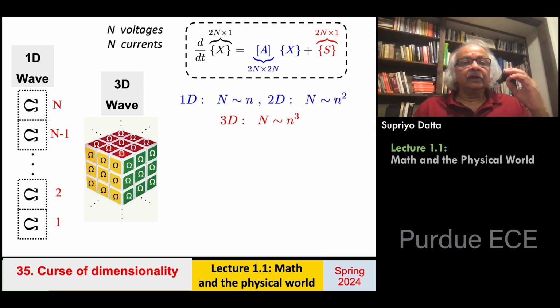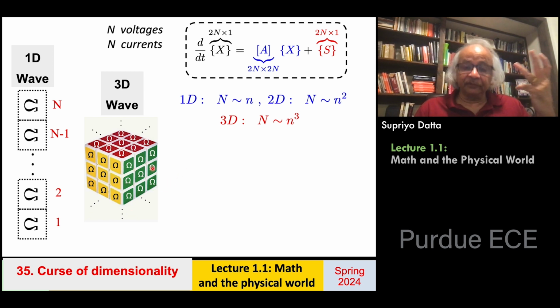Now, if you want to describe it numerically, same story as before. It's just that now, if there are small n sections in one direction, then overall you have n cubed units, which means these matrices get big. When I do the one-dimensional problem, let's say I had 100 sections in series.